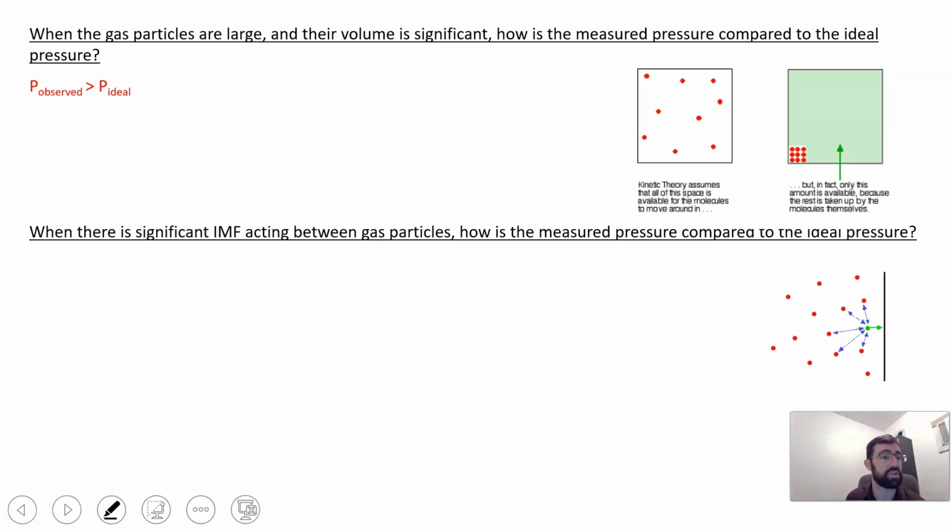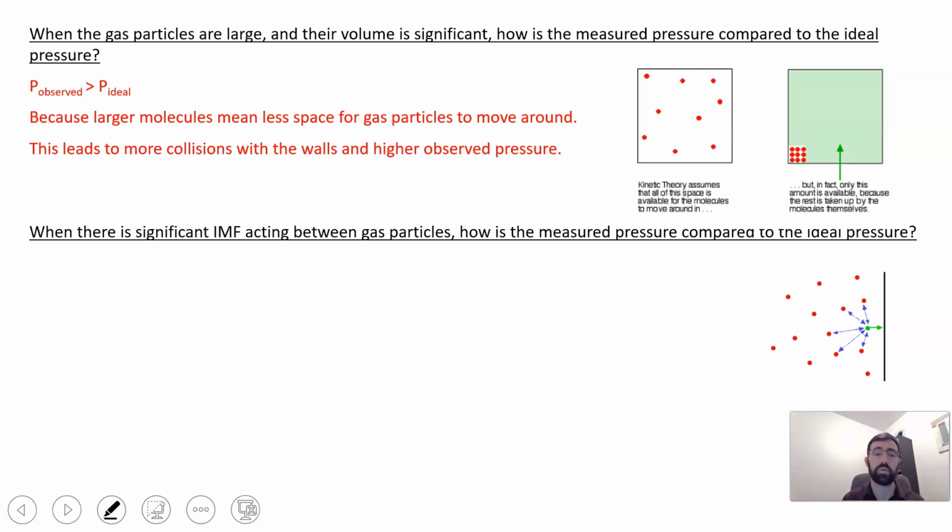The pressure observed is going to be greater than the ideal pressure. Why is that? Because the larger molecules mean that you've got less space, less volume, for gas particles to move around. And if you have a lower volume, it leads to more collisions with the walls of the container than were expected, and you have a higher observed pressure.